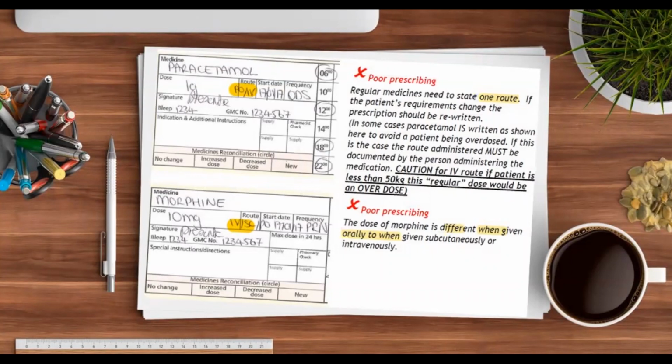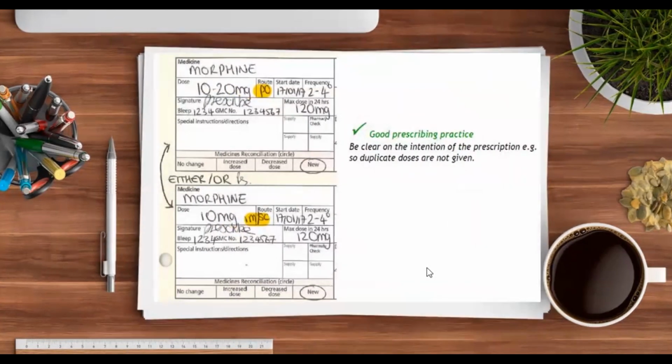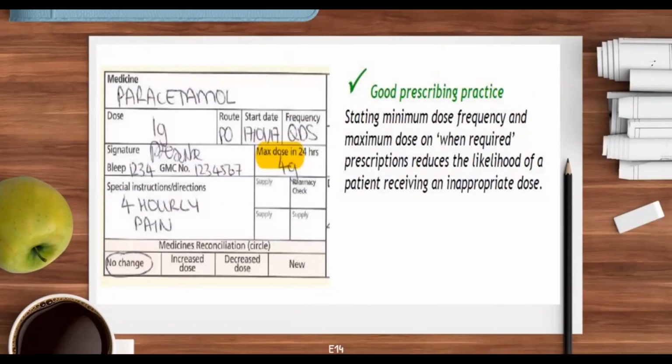So don't make it like morphine here, 10 milligram, IV or subcutaneous or PO. So don't write this or this or this. What you have to write is like this: you have to specify the route.